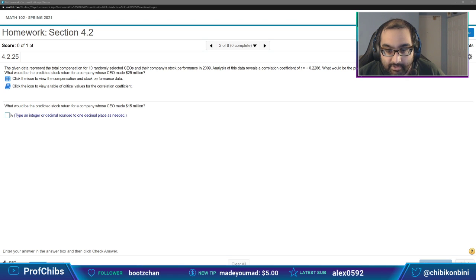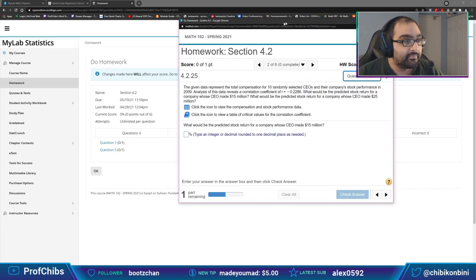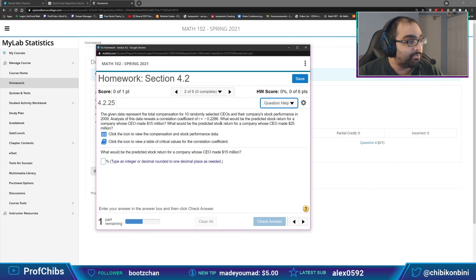Alright, so let me go back here for just a second. There's one thing that we have to keep in mind here that I totally had neglected myself. Let me go back to the actual problem. Notice that it says R here is negative 0.2286.